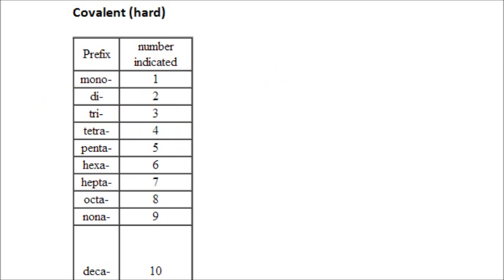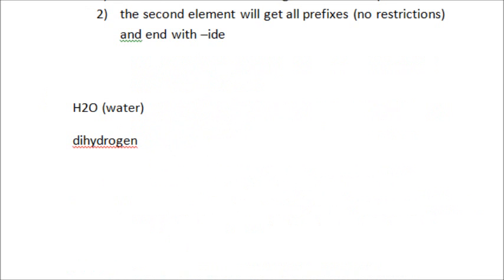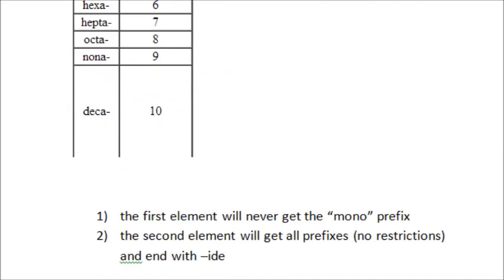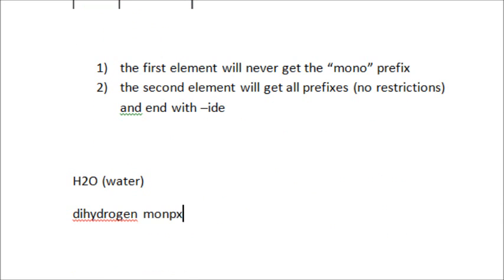So we add the prefix di onto the element name, dihydrogen. And then there's 1 oxygen, so mono. Oh, wait, look at the second row: the second element will get all the prefixes and end with "ide." So this needs to end with "ide": monoxide.